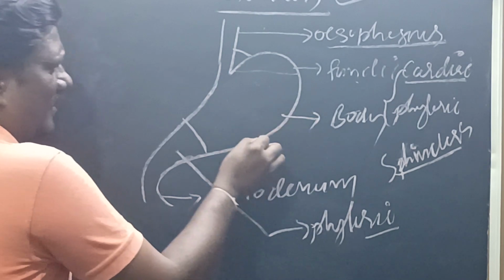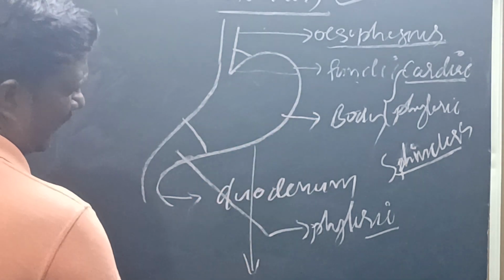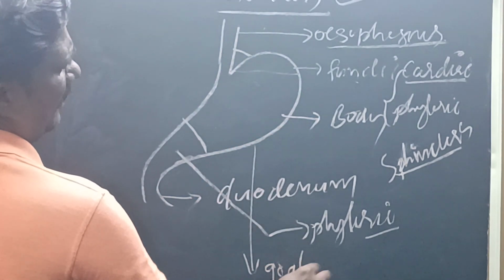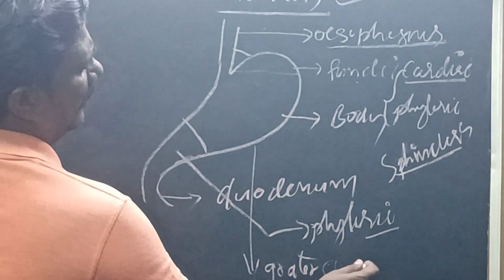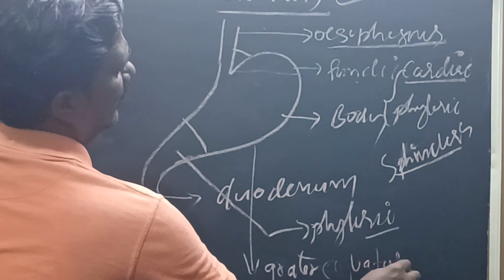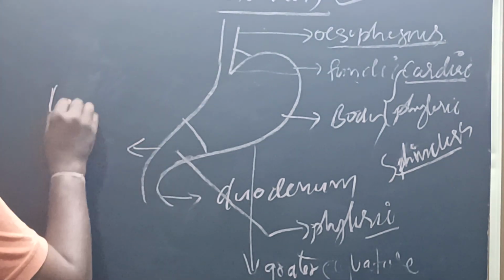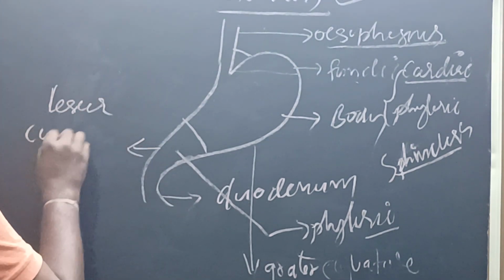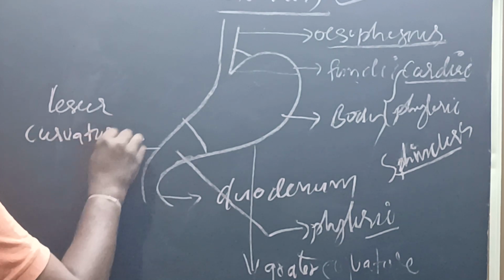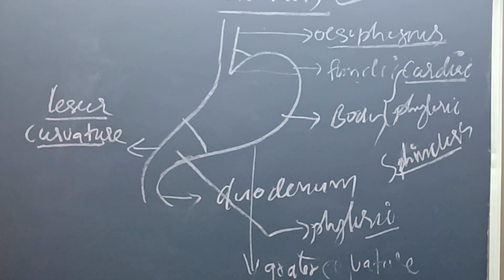This is called the greater curvature. This one is the lesser curvature.